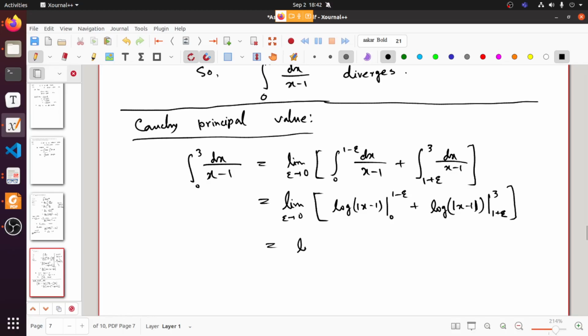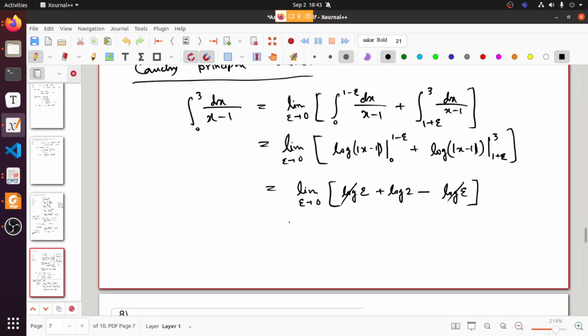Now if you put in the limit, with 1 minus epsilon you get log epsilon, and putting 0 gives log 1, which is 0. Putting 3 here gives log 2, minus, putting 1 plus epsilon gives log epsilon. Now you will see that these two cancel out.